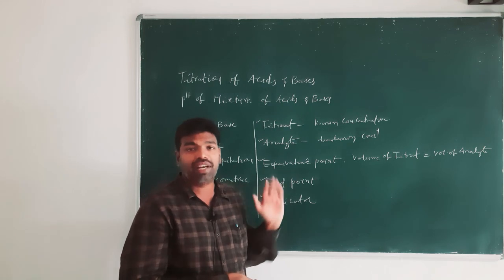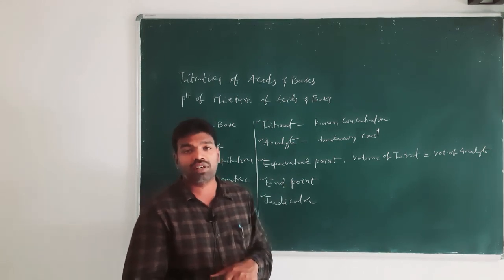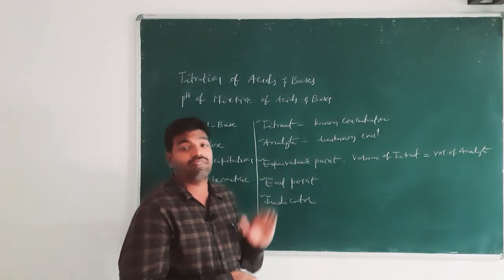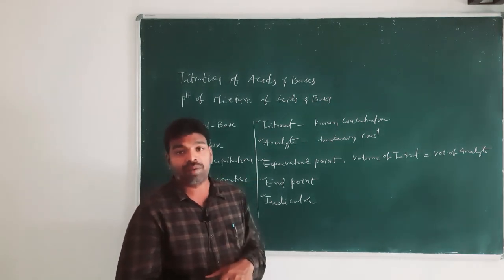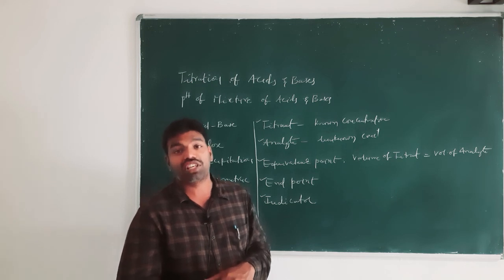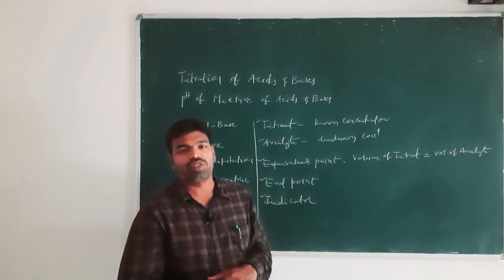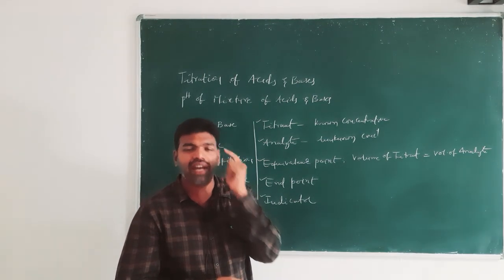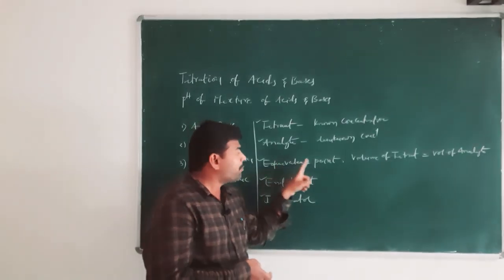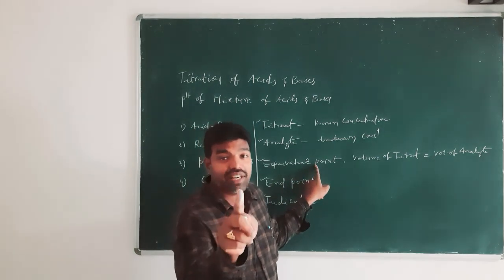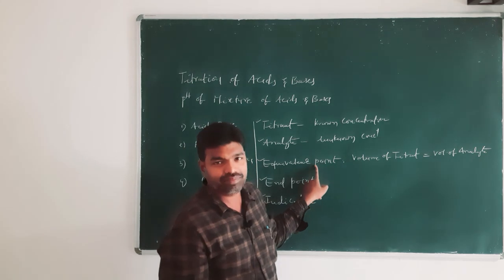By the end point, we come to know the end of the titration, because at the end point, color change takes place. So keep one thing in your mind: the equivalence point is the point where the titration is completed theoretically.